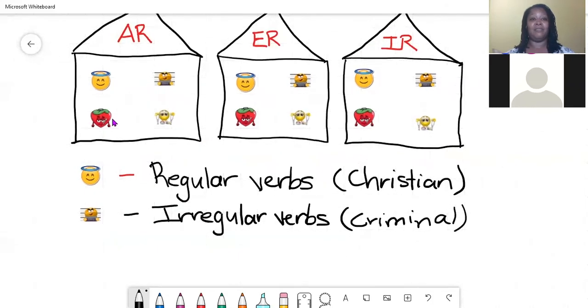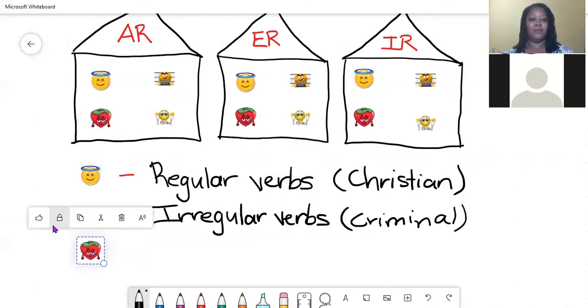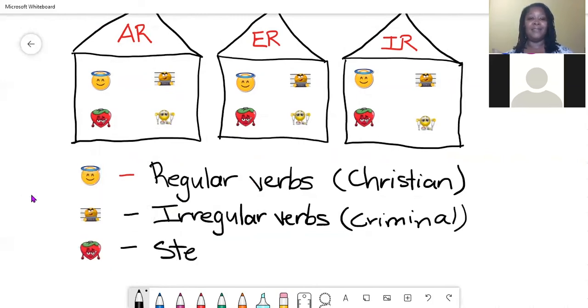Another character in the family is this little heart problem character. The heart problem character represents our stem changing verbs. Now, your heart is an organ that is on the inside of your body. And so these stem changing verbs have an internal issue going on.